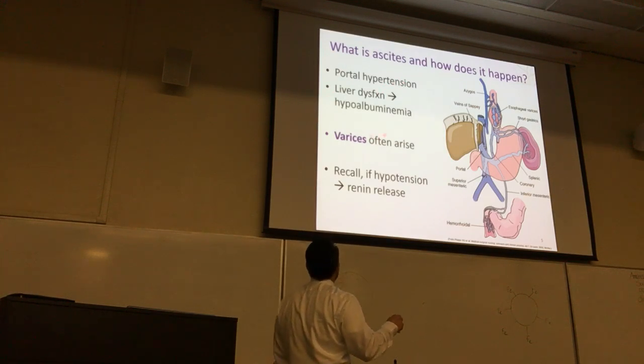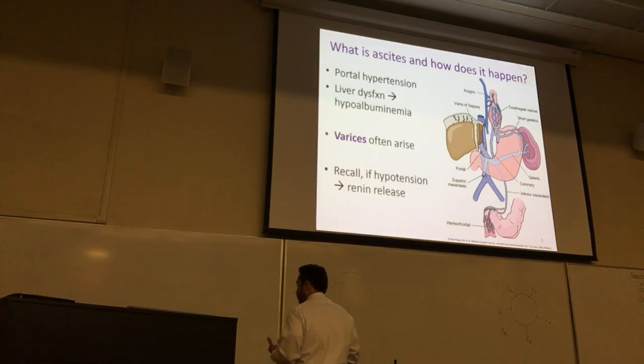Okay, so ascites, and how does it happen? If you've got a patient that's wrestling with portal hypertension, this can lead to some severe problems. Ascites is the accumulation of fluid that takes place in the peritoneal cavity, and it can be caused by portal hypertension.